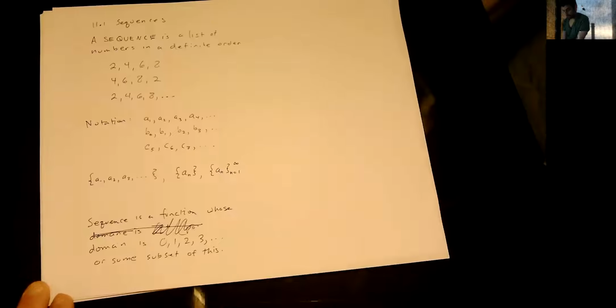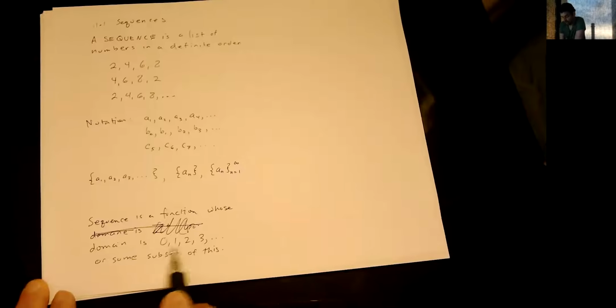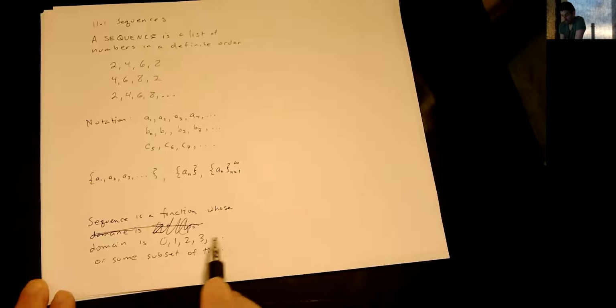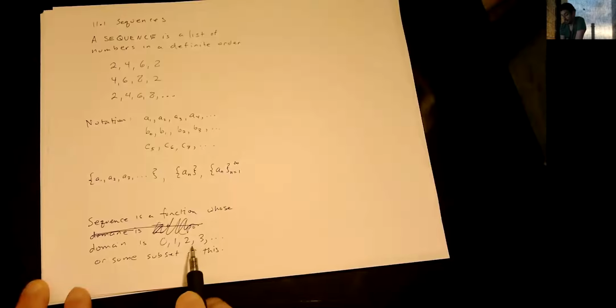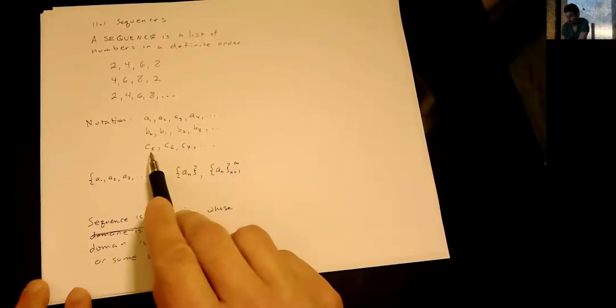Right, so I'm saying it's a function whose inputs are going to be whole numbers starting at 0 or 1 and going up, or something else, so some subset, like the example up here where we started at 5 and above.